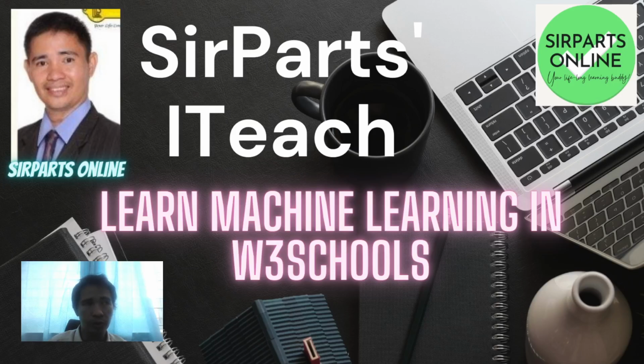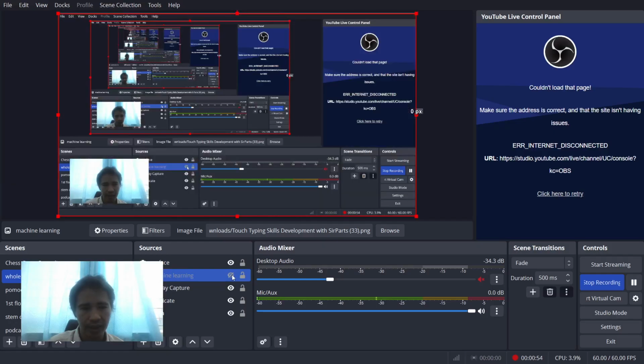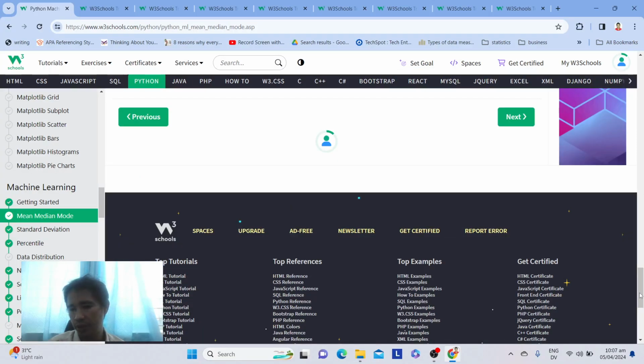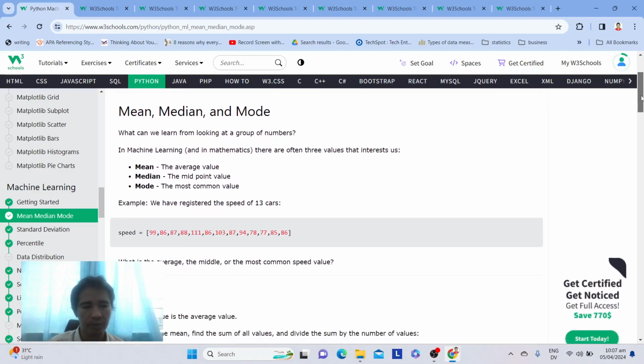We also discussed the data set and the types of numbers we're dealing with: categorical, ordinal, and numerical. Last time we studied the mean, the median, and the mode.